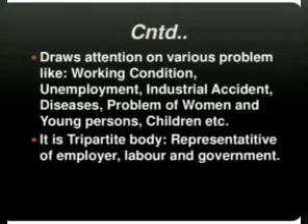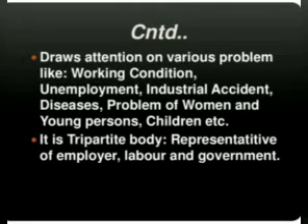It draws attention to various problems like working conditions, unemployment, industrial accidents, diseases, problems of women, young persons, children, etc. So it sees what problems the community is facing, what problems the working persons are facing, and tries to resolve such problems.